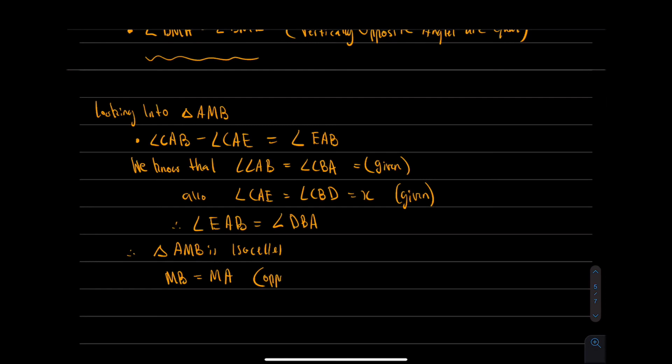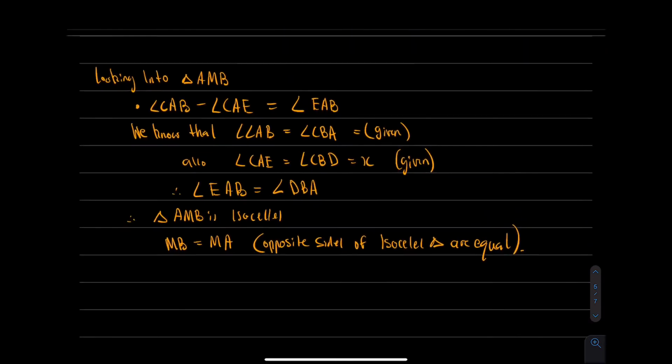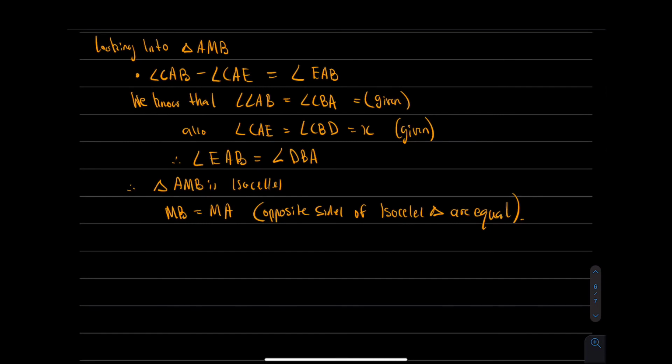And the reason for this is that opposite sides of an isosceles triangle are equal. Cool. And now this is part of our proof: MB equals MA.